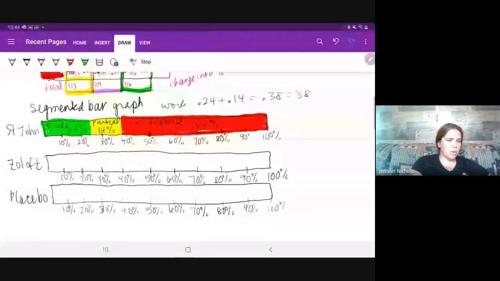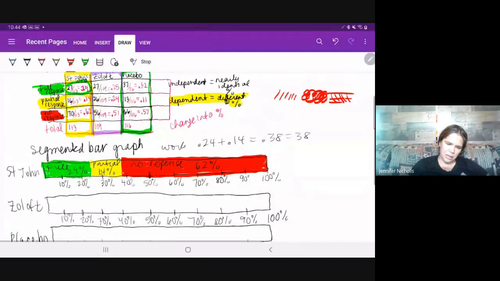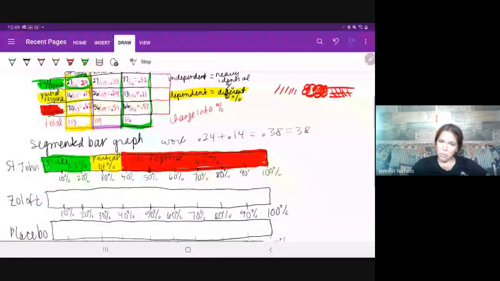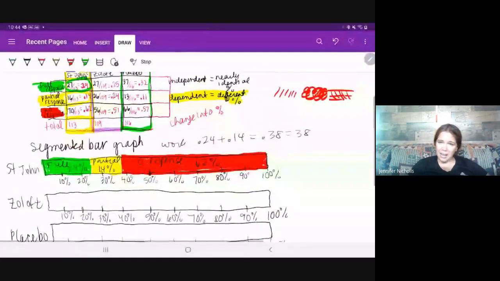Okay, so what am I going to put for? Okay. Okay. So Zoloft. I still want to put the greens first, don't you think? So what's their green? What's Zoloft's green? What percent?